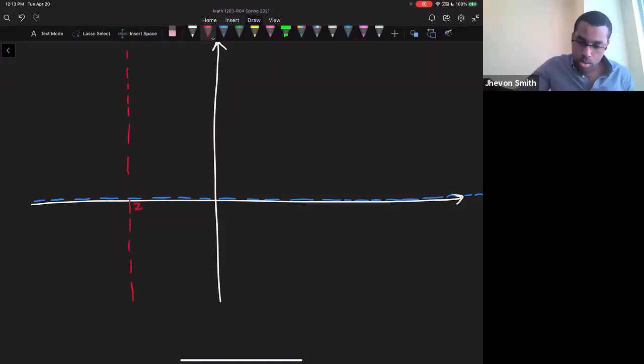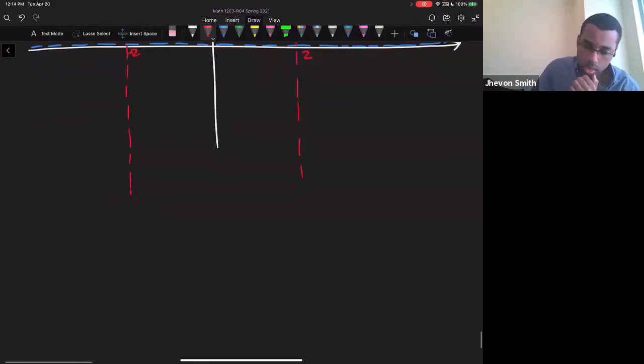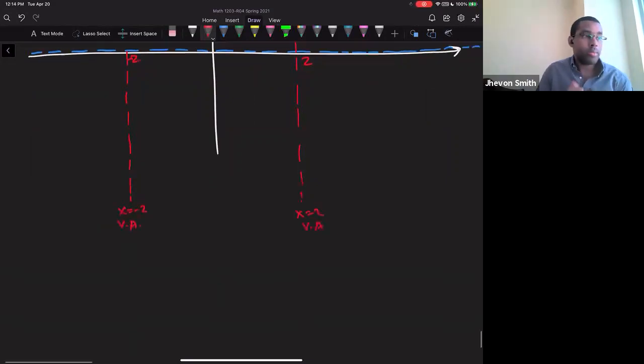At x equals 2 and at minus 2. So this is x equals 2, that's a VA. This is x equals minus 2, that's also a VA.